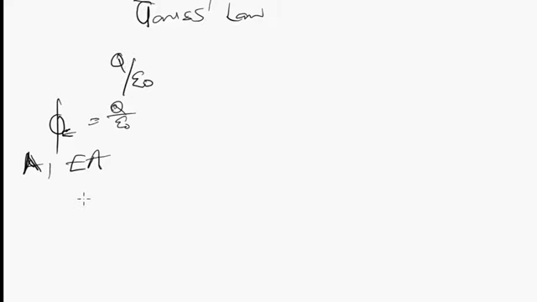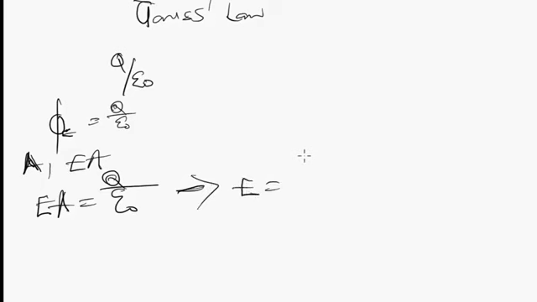So in such a case, from the Gauss law, EA is equal to Q over epsilon naught, and thus we'll have E, the electric field, as Q over A times epsilon naught, where A is the area, E is the electric field, and Q is the charge. I'll go ahead and write this so we can proceed further.